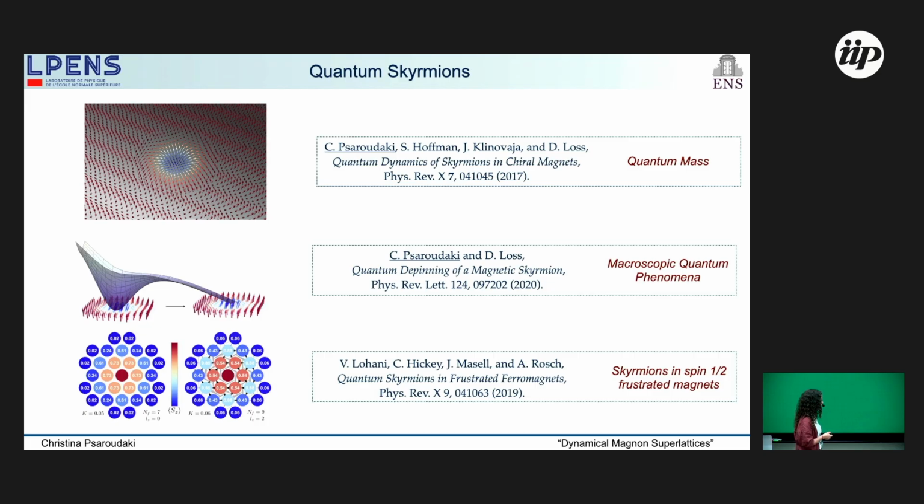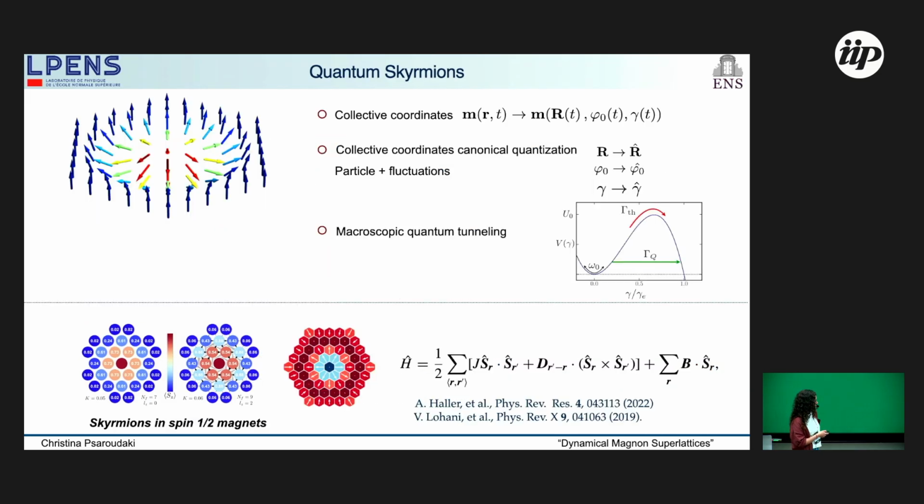Now, a bit later, there is a concept that has been defined in the community of the notion of quantum skyrmions. There we go to a discrete lattice of spins that have low magnetic moment, so spin 1/2. There we cannot replace spins by spin operators or by macrospins. And then we should try to explore whether a magnetic skyrmion could exist, for example, that has similar signatures as a classical skyrmion, and how topology can be defined there on a discrete lattice.